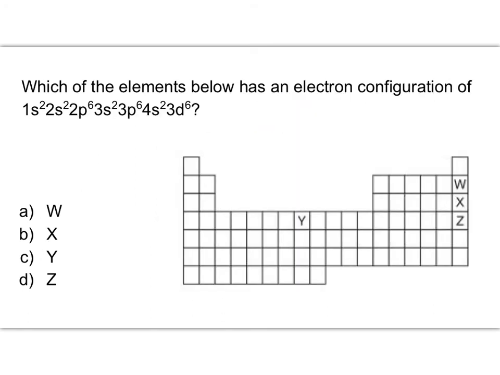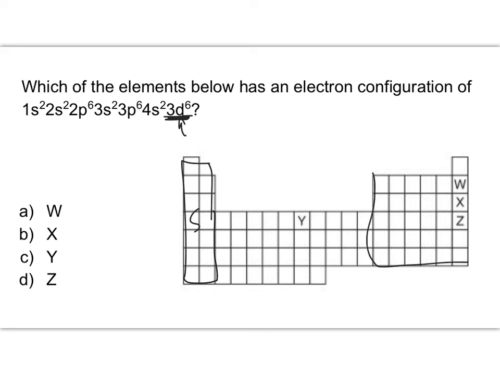Which of these elements would have a configuration that ends with 3d6? If we look at that last part, it is really the key in determining the location of an element on the periodic table. So a couple things. One, if you remember where the different blocks of the table are, this section over here is called the S block.